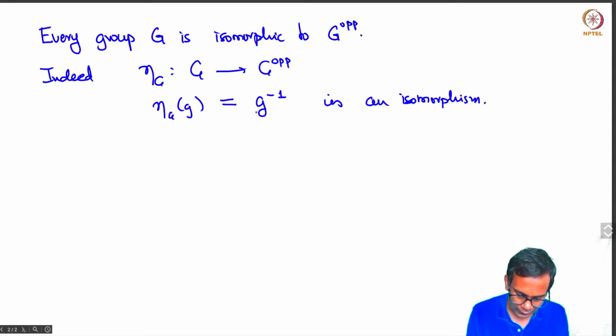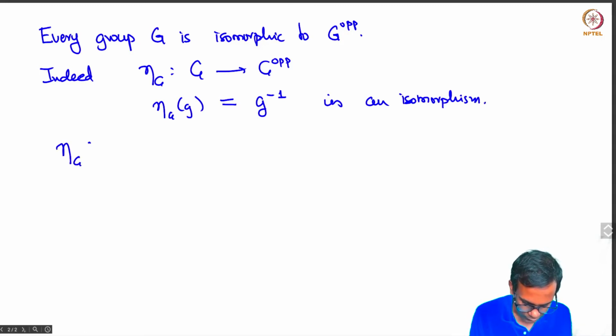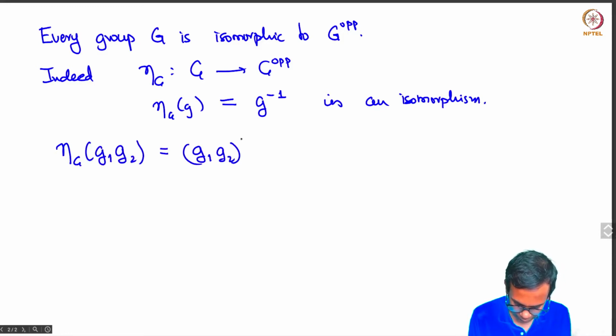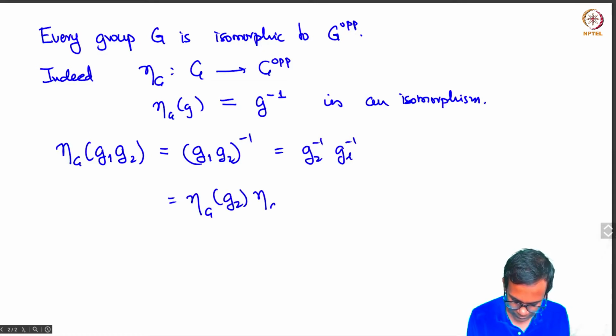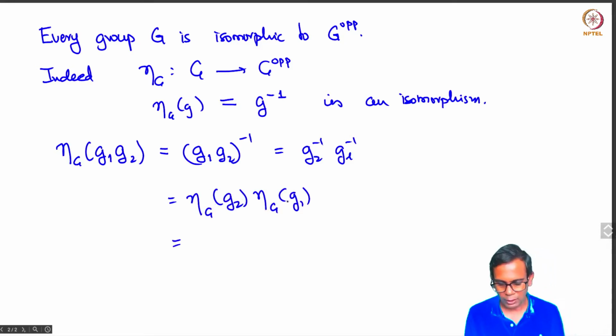Let's check that it preserves multiplication. Eta G of g1 g2, where this is multiplication in the group G, is going to be g1 g2 inverse, which is g2 inverse g1 inverse, which is eta G of g2 times eta G of g1.